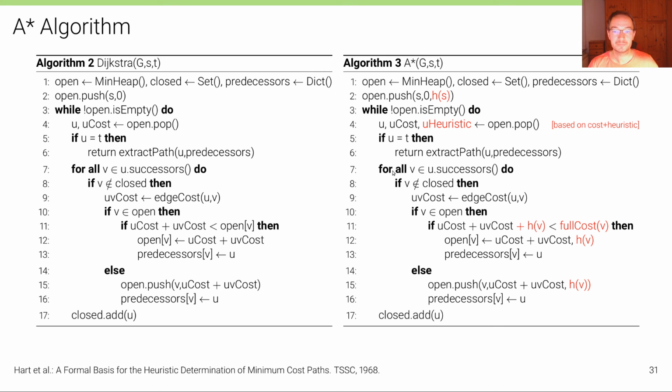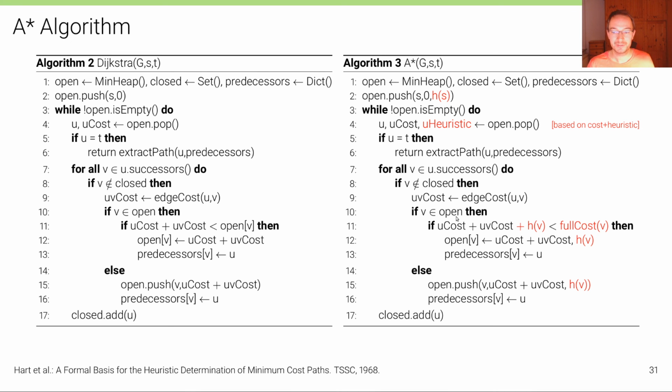And otherwise, for all successor nodes, we do the following. It's very similar to before. If the successor is not in the closed set, then we're extracting the edge cost from u to v.